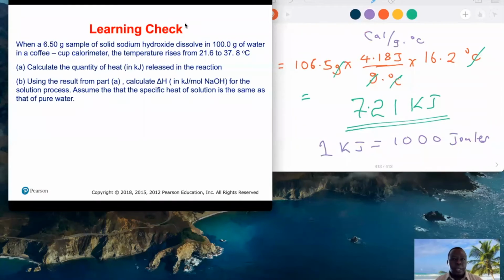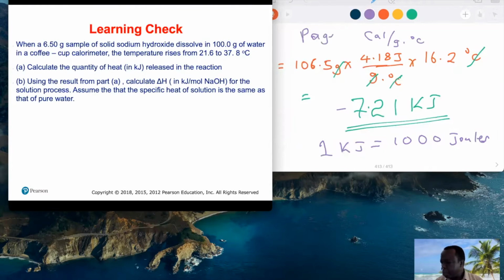Now, this is in kilojoules. Looking at the requirement here, it has to be in kilojoules, and it says released. I know last time we talked about when we say released, that means it's exothermic, and we put a negative there to show that it is released.